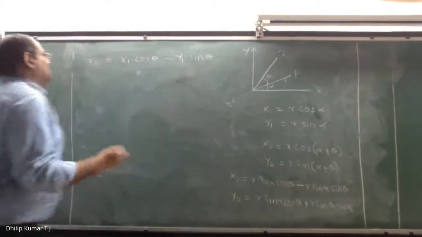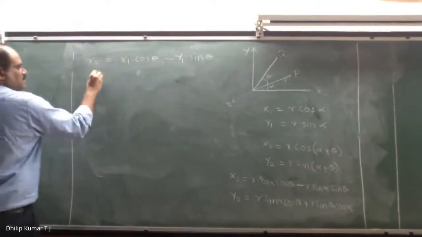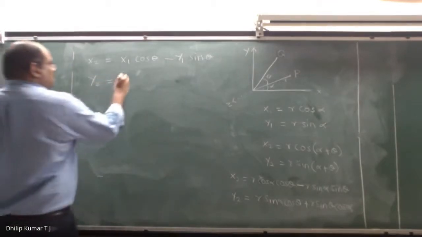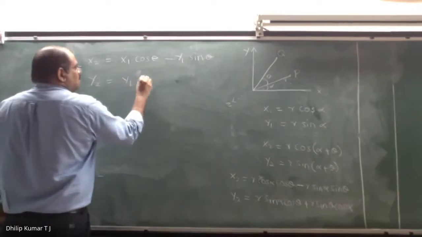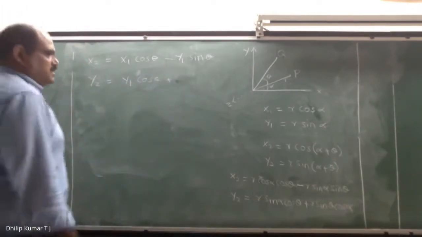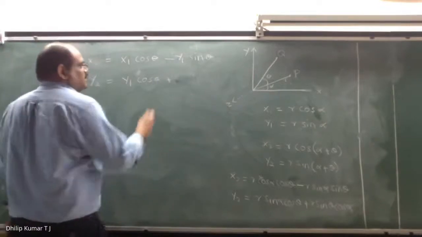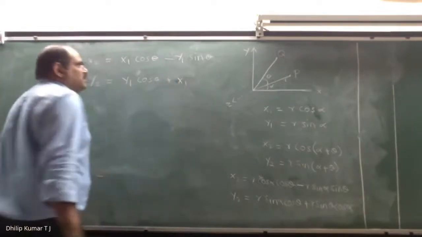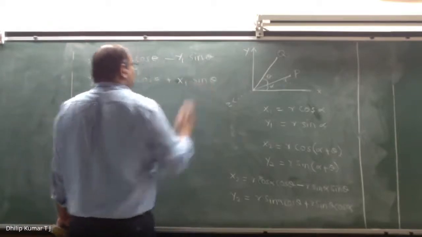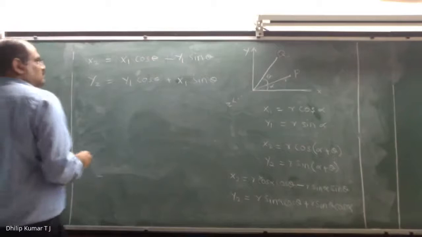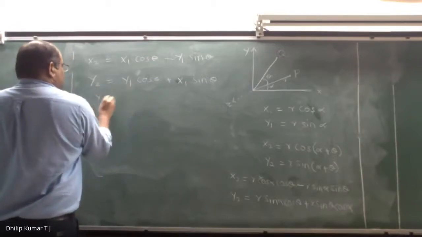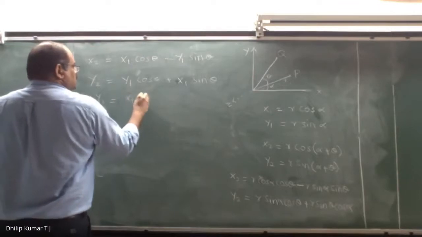And y2: r sin alpha is y1, so y1 cos theta plus r cos alpha, which is x1, times sin theta. I can rewrite this: y2 is x1 sin theta plus y1 cos theta.